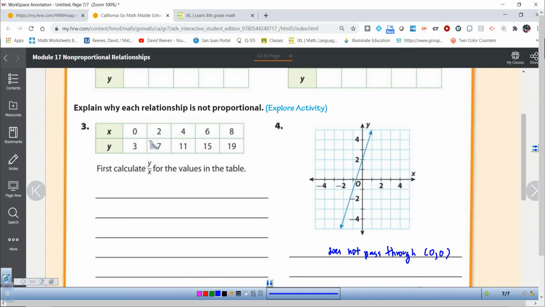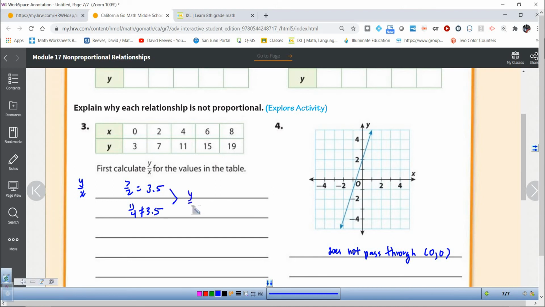How about this one? How do we know this one's not proportional? Well, 7 divided by 2. Remember, we're going to check y divided by x. 7 divided by 2 is 3.5, right? 11 divided by 4 is not 3.5, and we don't even have to check any of the other ones.